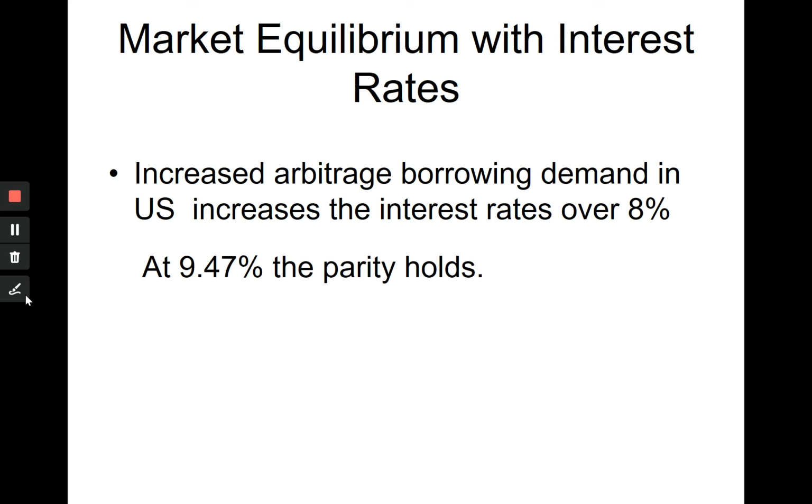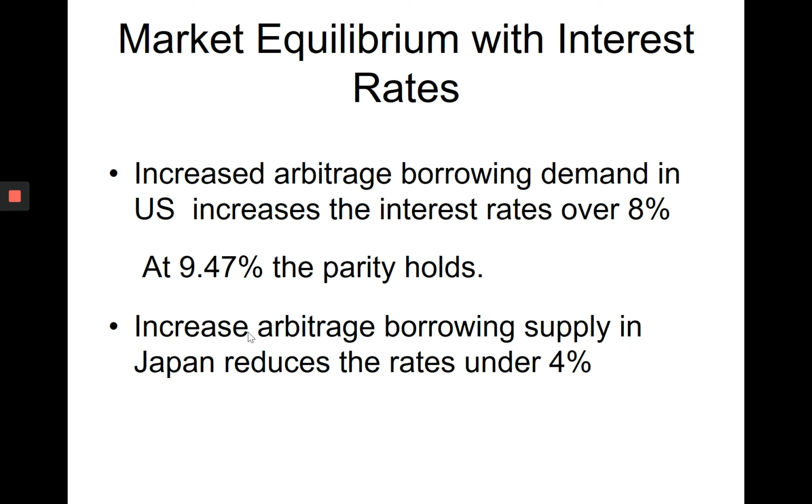Interest at US would be a fair interest rate or fair cost of capital compared to 4% interest rate in Japan, and the other 5.47% cost is reflected in the fact that Japanese yen becomes stronger in forward markets, or is at a premium in forward markets. Remember that when we say US dollar has a discount in forward market, the opposite holds for Japanese yen. It has a premium in forward markets.